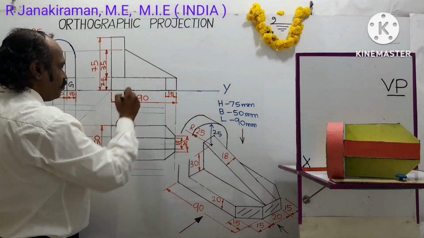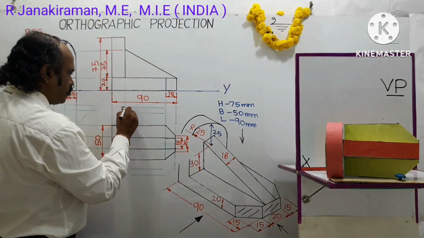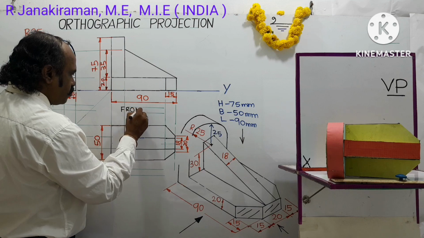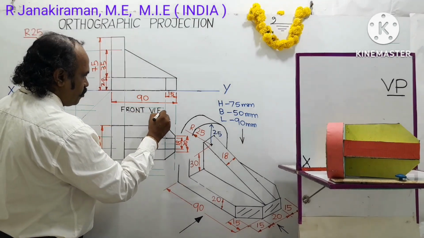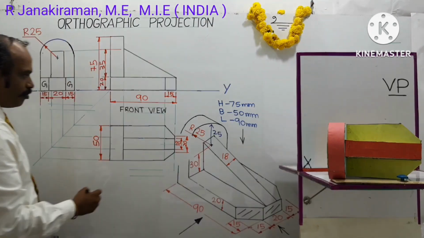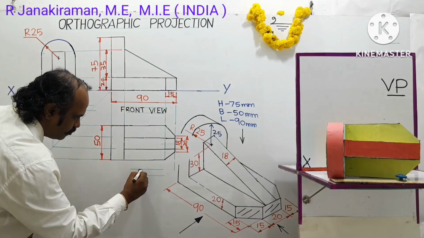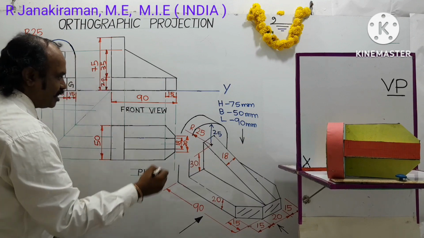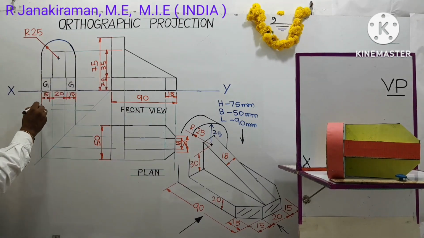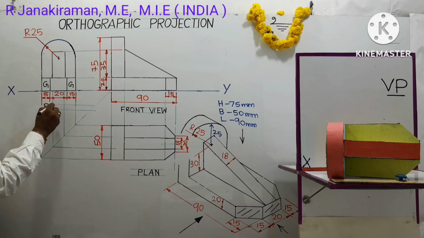This is the front view. This corresponds to the top view or plan. This is the right side view, drawn on the left side of the front view, but the name remains the same.